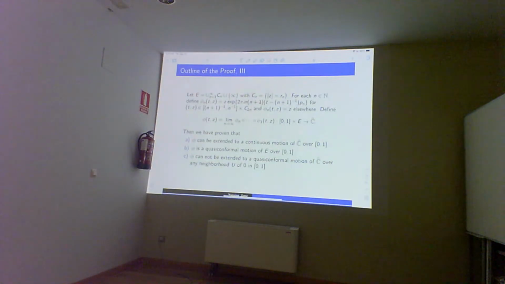Then you take four points on some circle. Then the cross ratio will be bounded, right? So that is a quasi-conformal motion of E. But you cannot extend it to a quasi-conformal motion. Why is that? Because if you extend that, every circle will be connected, right? Then when you do the motion, you not only turn the circle, you turn the neighborhood too. Think about it, that's one circle, that's another circle.